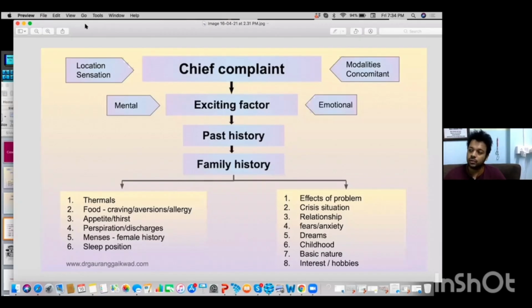Almost so much that we often don't take physical history at all. Many homeopaths don't take past history. Many homeopaths don't take physical generals. They only want to prescribe based on mind. Then we are missing the trick somewhere.